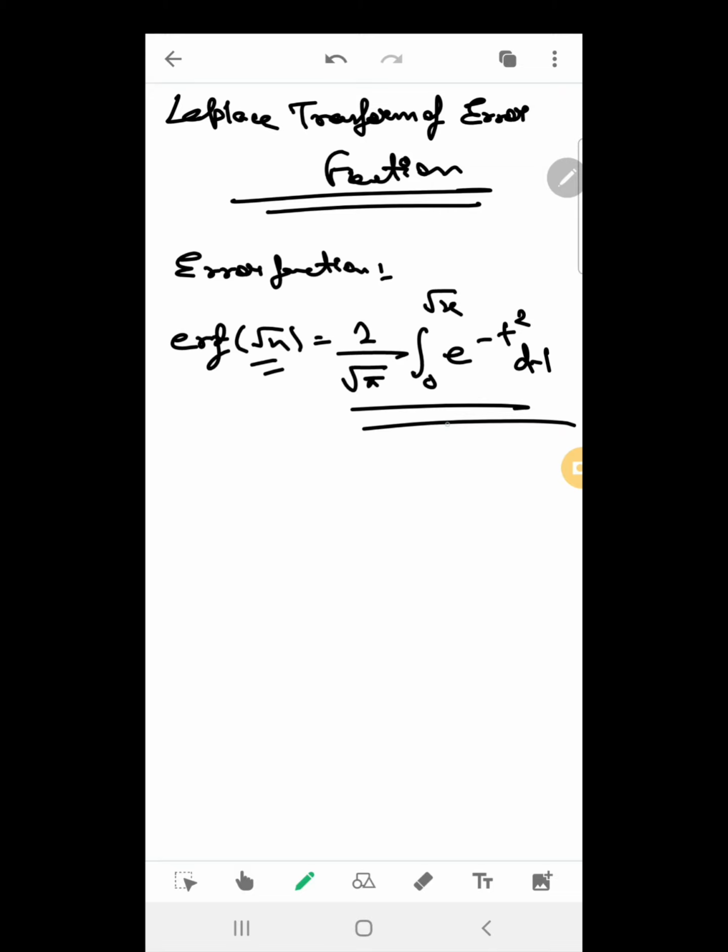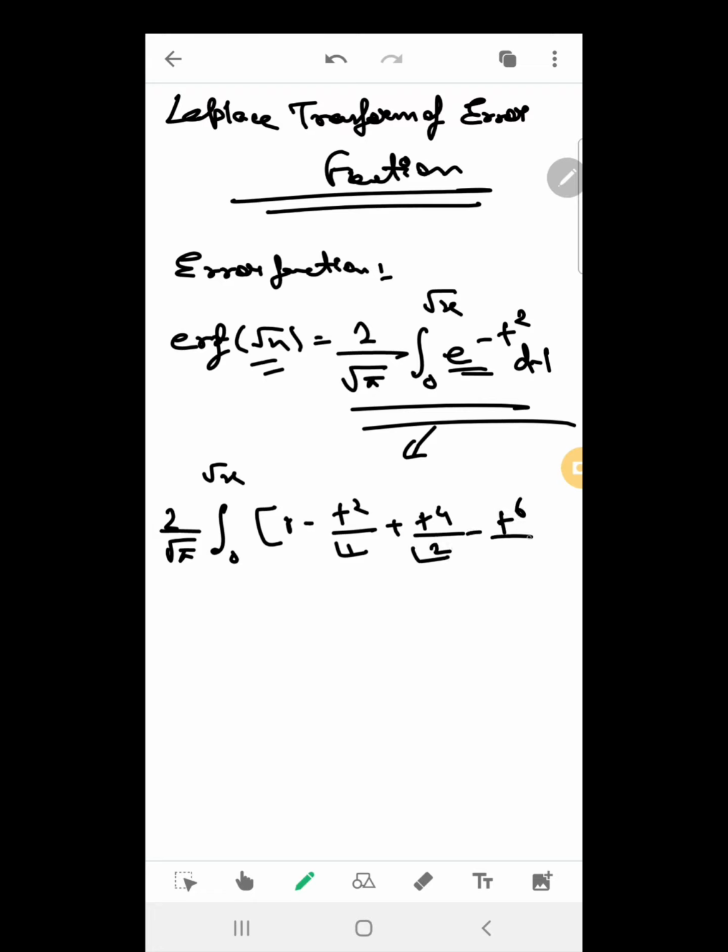Now, we need to simplify this by using the Taylor series. Clear? So how can we find the Taylor series actually? Basically we need to put the Taylor series of e to the power x. So from here we can write this as 2 over root pi times the integral from 0 to root x of e to the power minus t square, which becomes 1 minus t square over 1 factorial plus t to the power 4 over 2 factorial minus t to the power 6 over 3 factorial and so on.